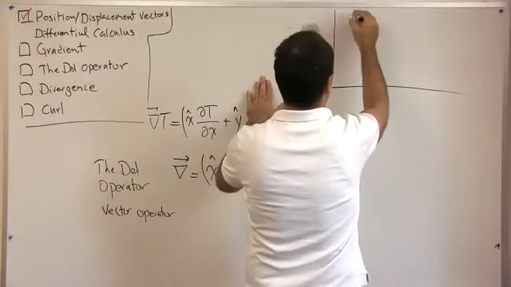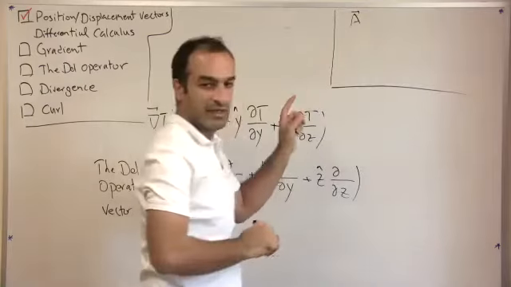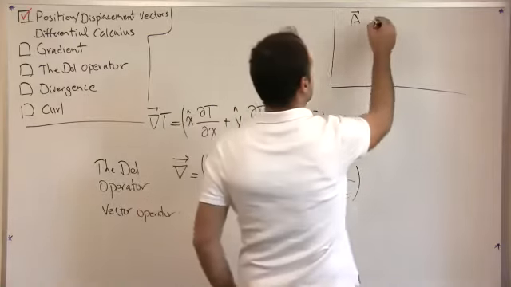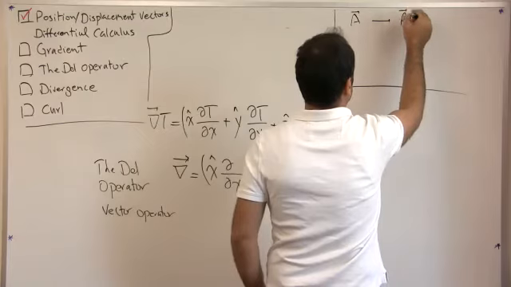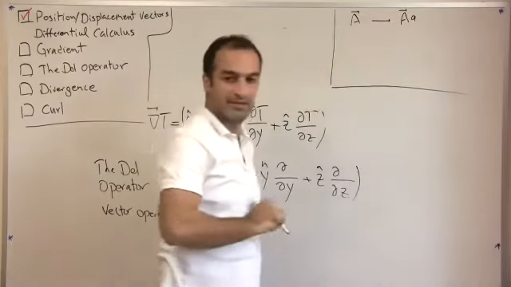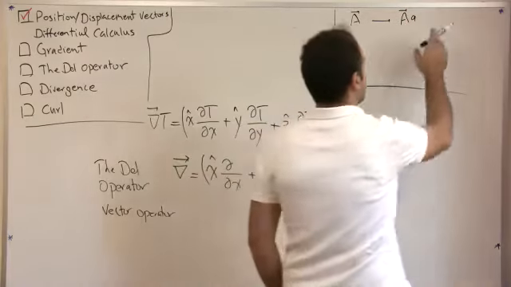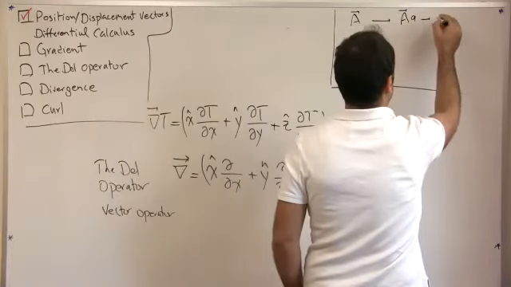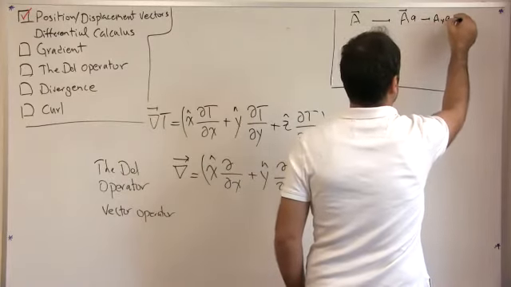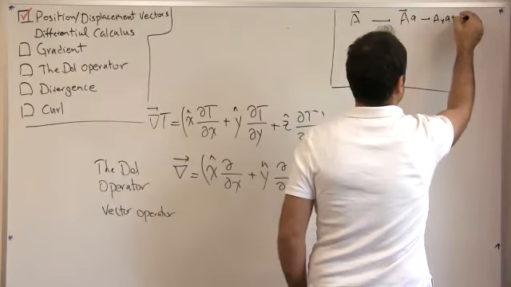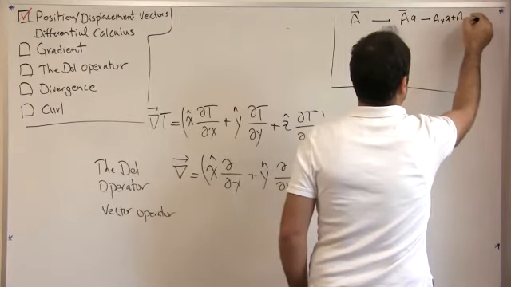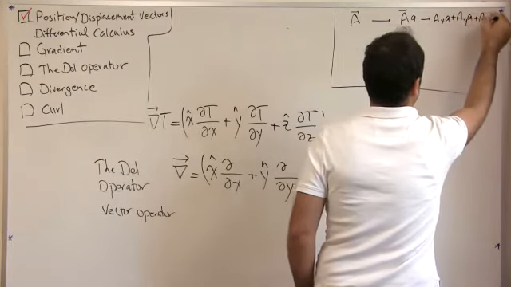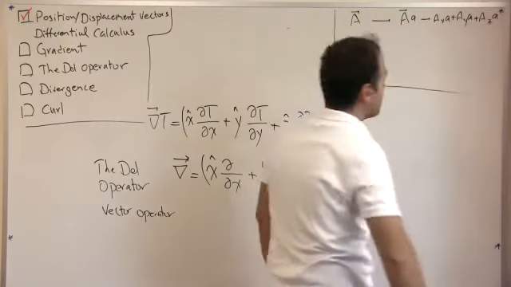If you have vector A, you can multiply the vector by a scalar, and that means every component is being multiplied by the scalar, like a_x times the scalar plus a_y times the scalar plus a_z times the scalar.